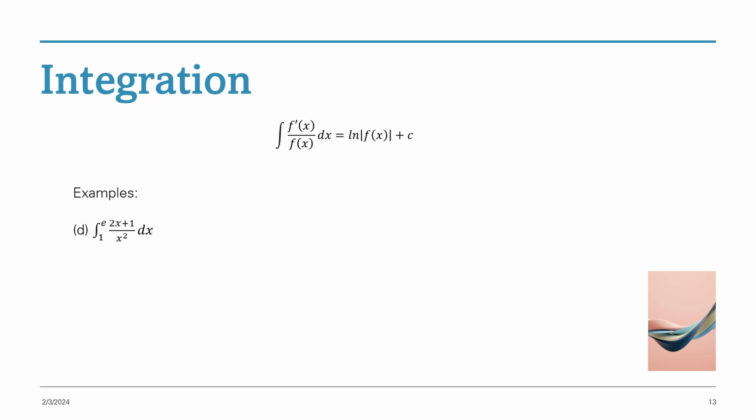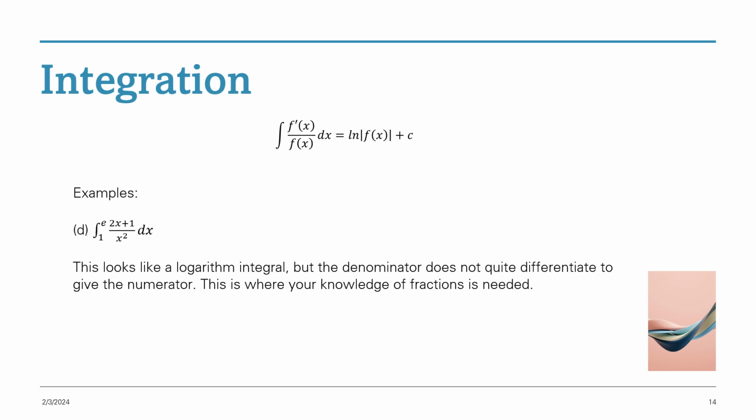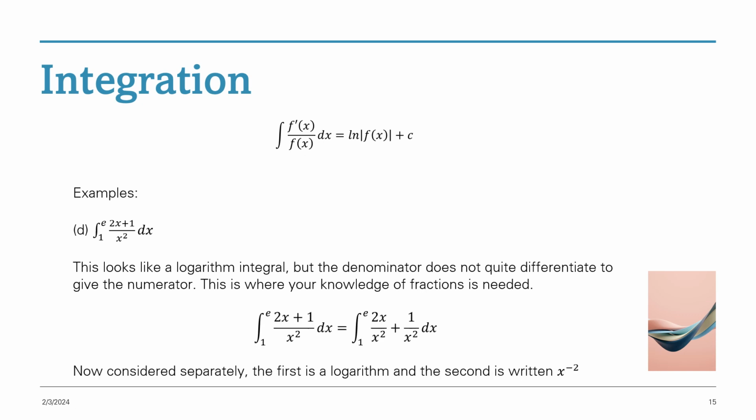So we're going to split this fraction up into 2x over x squared and 1 over x squared. So notice that we split the numerator into 2x plus 1, both of them over the x squared. And we're going to consider these separately.